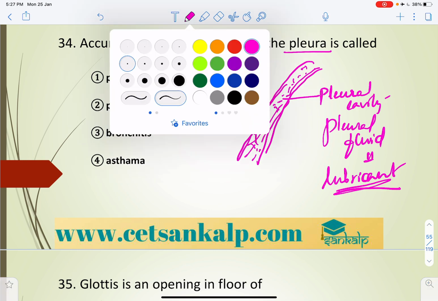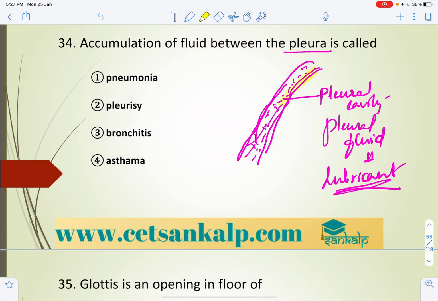So if you consider this is the parietal pleura, and here it is the visceral pleura. Where the breathing movement takes place, friction may exist. To avoid that, this fluid helps the lungs.